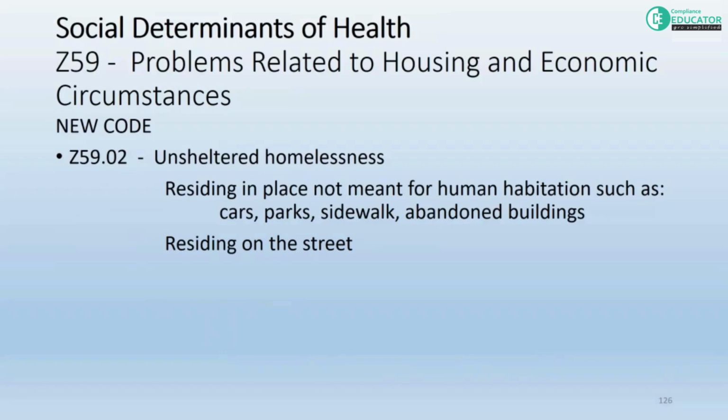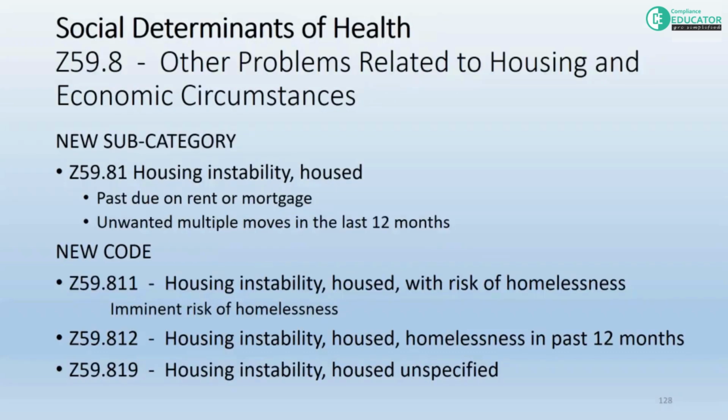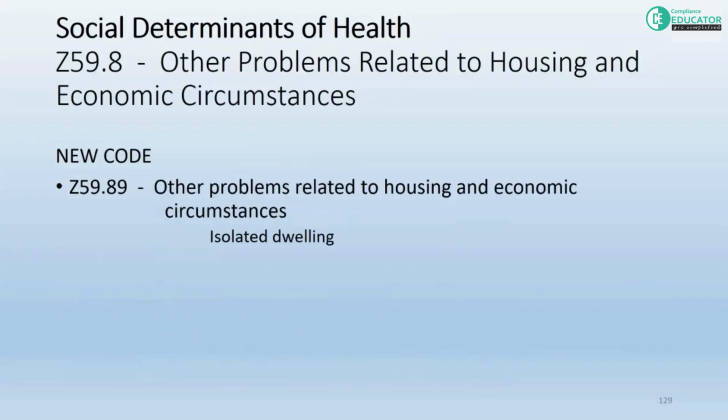I mean, they're doing a really amazing job at these SDOH codes. We also have codes for food insecurity, lack of food, housing instability, some timelines for that, other problems related to housing and economic circumstances.